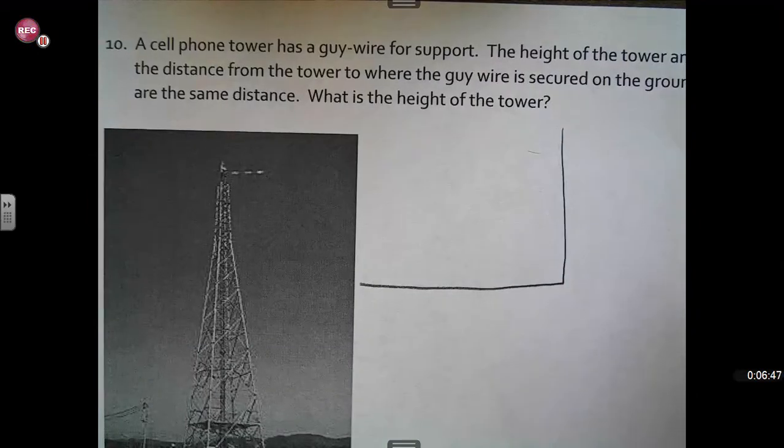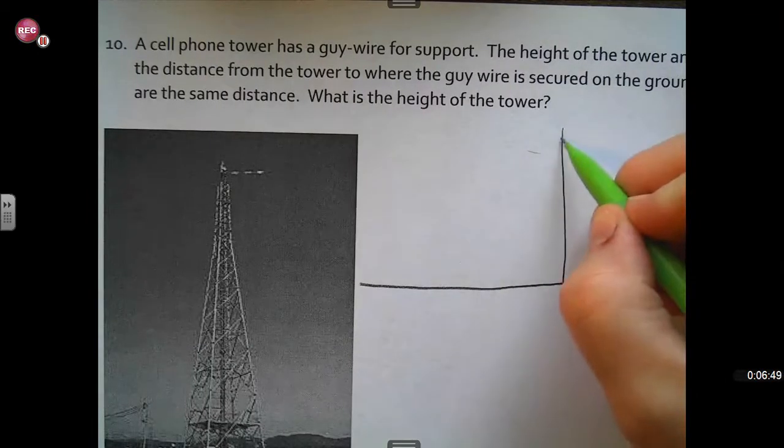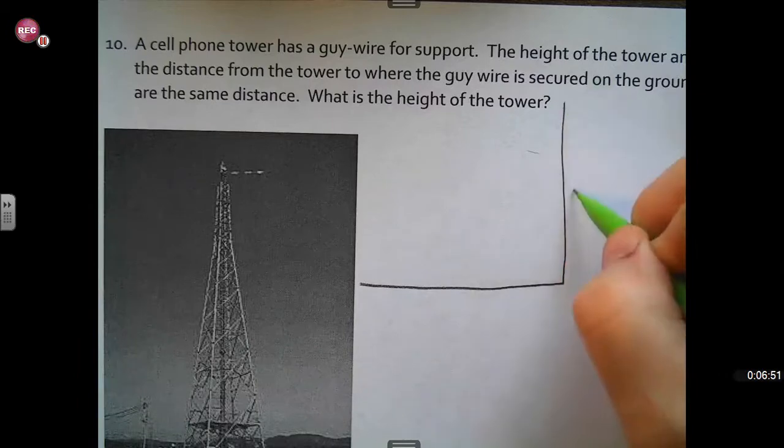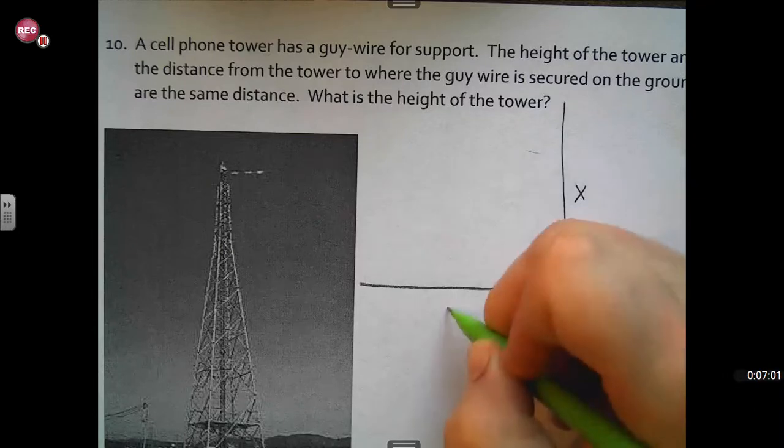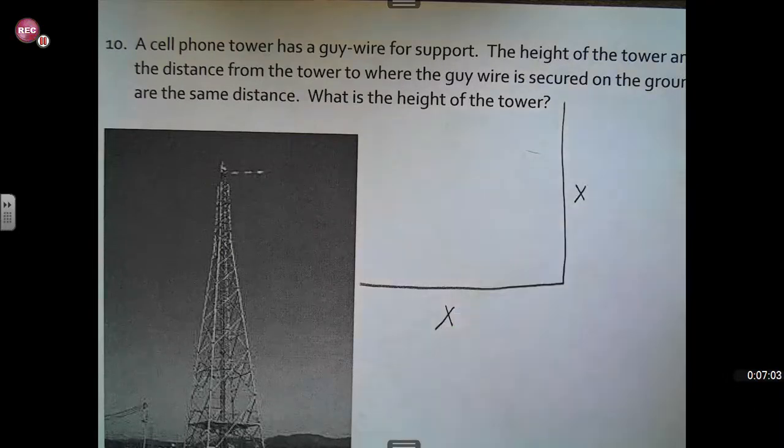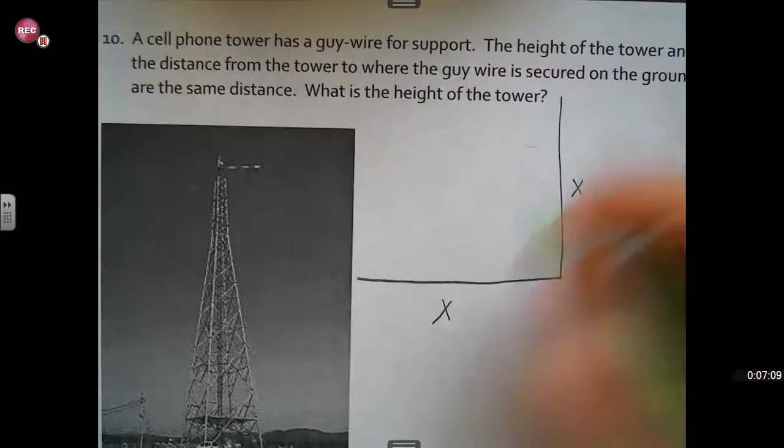The height of the tower would be x. And the distance from the tower to where the guy wire is secured on the ground is the same distance.